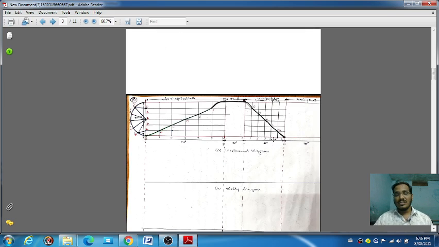Next, here also we are dividing into the same number of equal parts. Whenever you divide here into 6 equal parts, you have to take the same here also. If you take more than 6 equal parts, your value will not be correct. Whatever number of equal parts you divide here, you have to take the same here also.